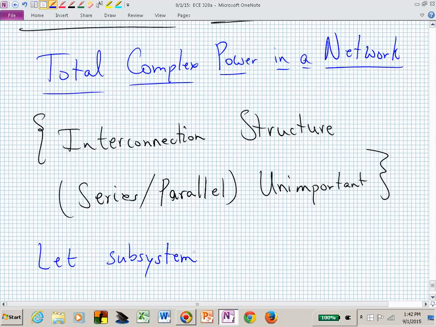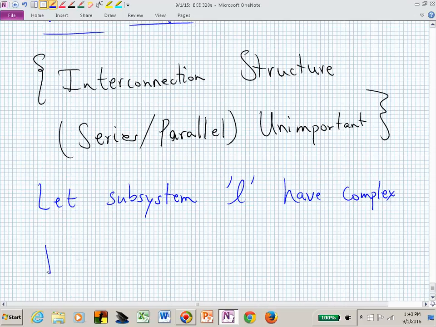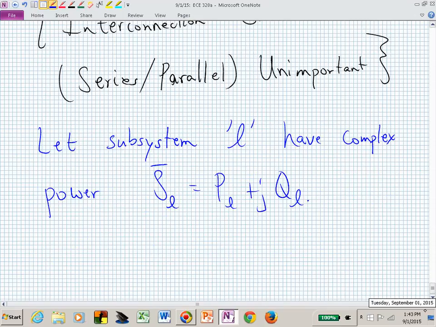Suppose we let subsystem L have complex power S sub L equal to P sub L plus j Q sub L. That's the Lth subsystem.